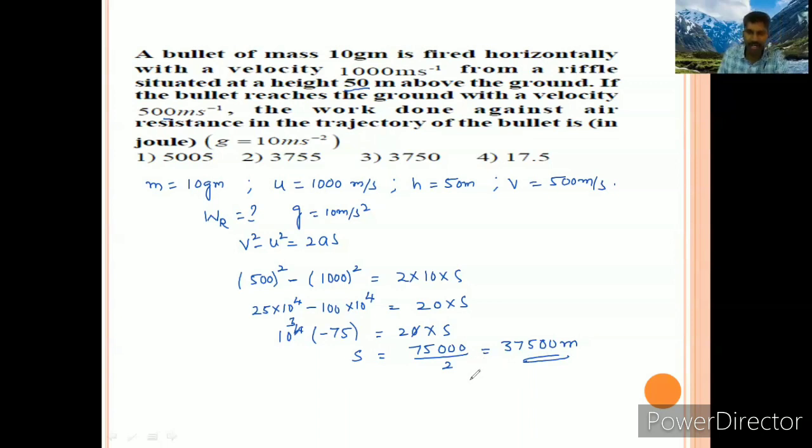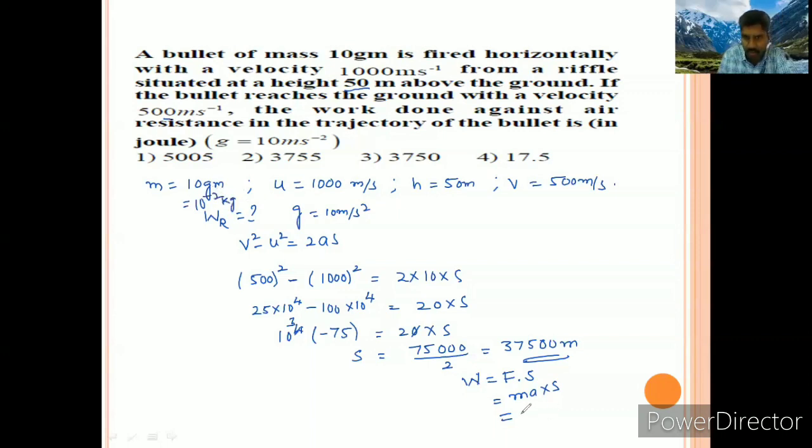So what we need to find out is the work done against air resistance. W is equal to force into displacement. The force we can write as ma into s. The m value is 10 grams, so we need to convert into kg: 10 into 10 to the power of minus 3 means 10 to the power of minus 2 kg.